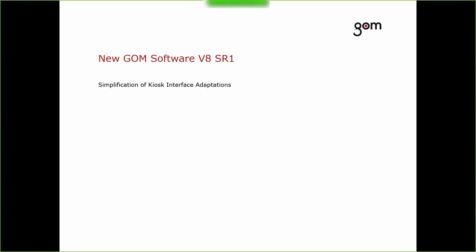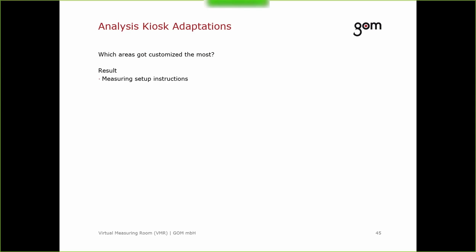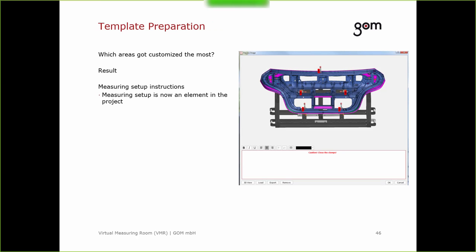Up next is the simplification of Kiosk interface adaptations. The question for us was where the customer required changes, and to find a solution we asked for custom patches files and analyzed them. One of the top 3 requirements was a user guidance. And the result is the measuring setup instructions that answers questions like, how has a real setup to look like?